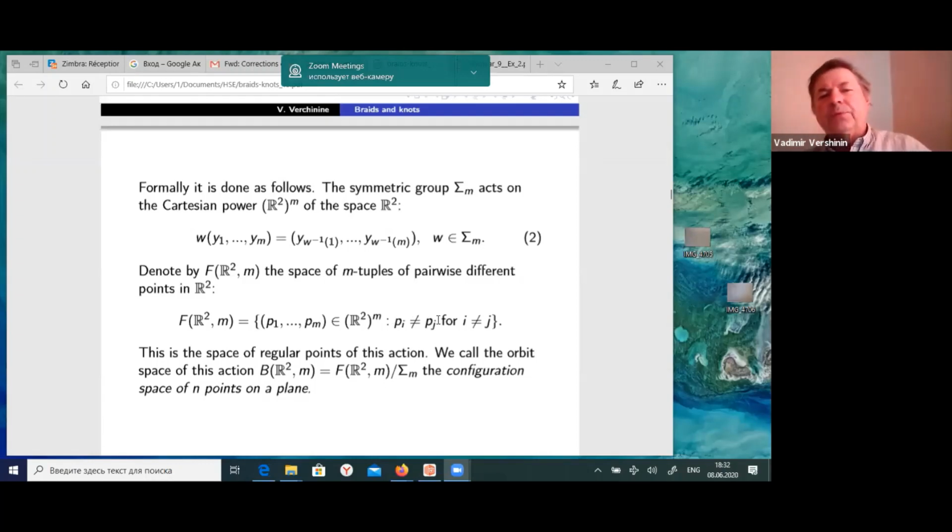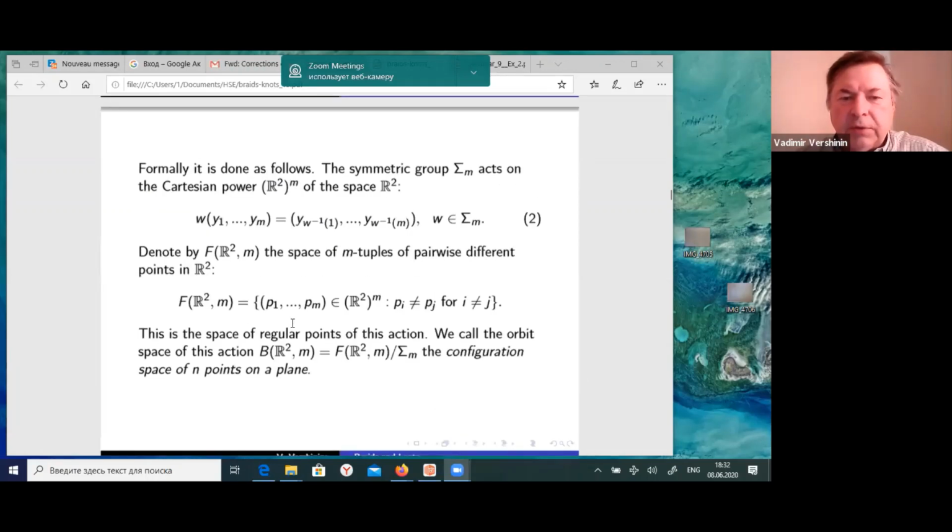This means that the point with index I does not coincide with the point of index J, if of course I is not equal to J. So this is the space of what we can call the regular points.